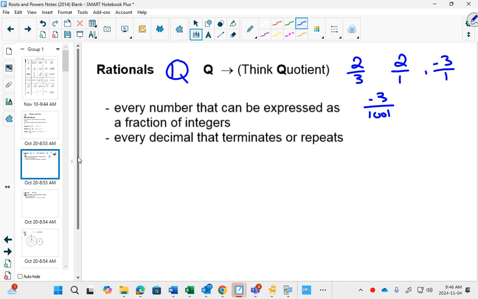Now, this includes every decimal that terminates or repeats. Okay?